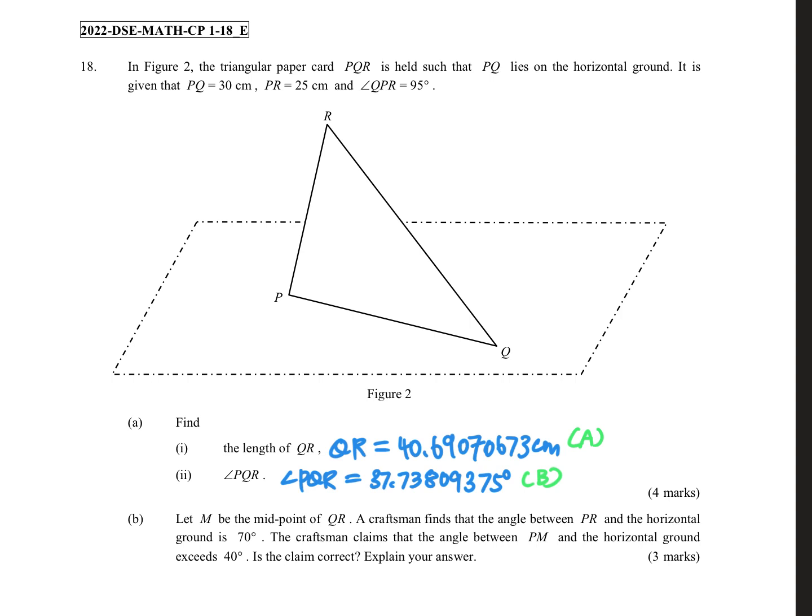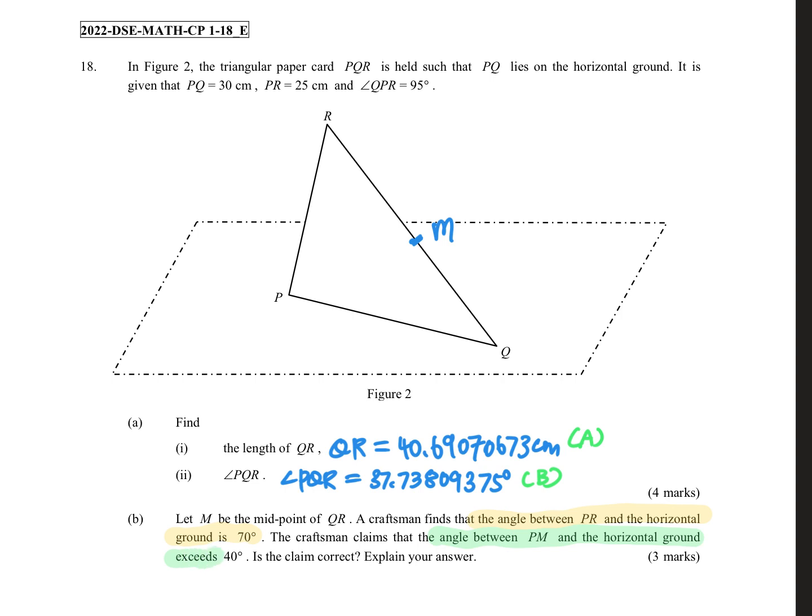So M will be somewhere here. The angle between PR and the horizontal ground is 70 degrees. We want to find the angle between PM and the horizontal ground.